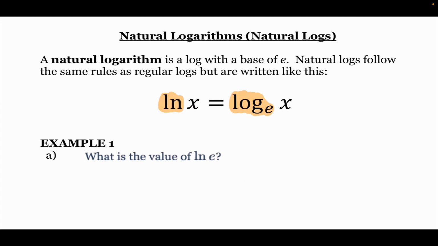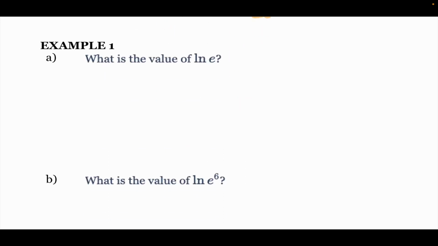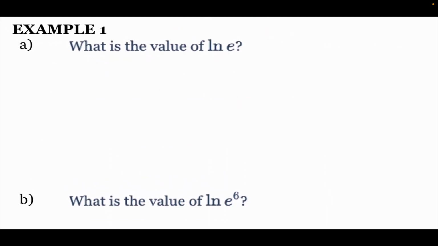So the first thing you do, swap them. I don't want that. I want this. Okay, so let's look at 1A. We saw questions like this yesterday. The only difference is it didn't say ln. It said log base of whatever.